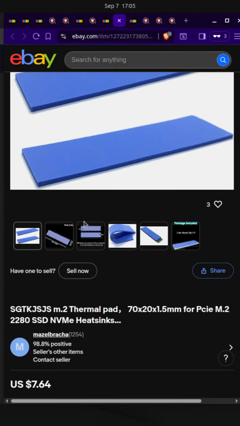Well, it seems if I pay an extra $1, I can get 2 more, which I like the idea of. None of these have brands, man. When will material science get to the point where thermal pads matter?